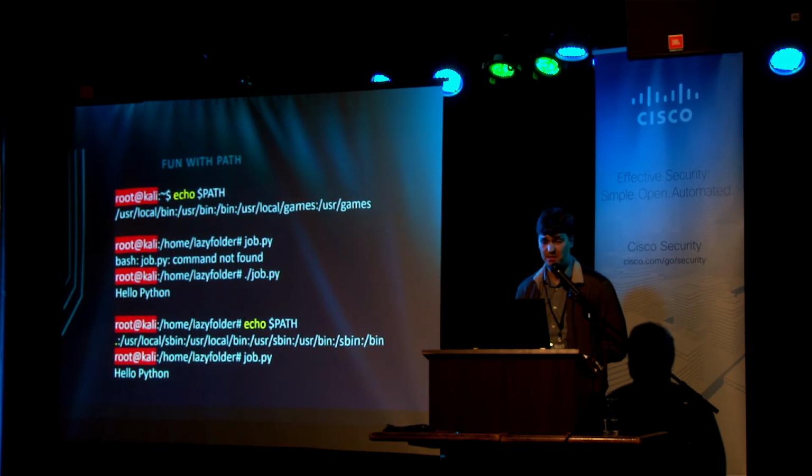Let's imagine this lazy administrator decided to add the current directory to PATH. So we can see the dot is added. Now the administrator can actually run the job script without ./. So it's a good life for him.